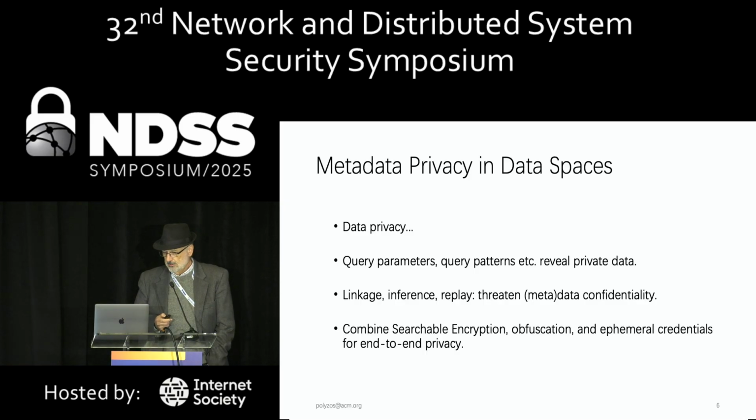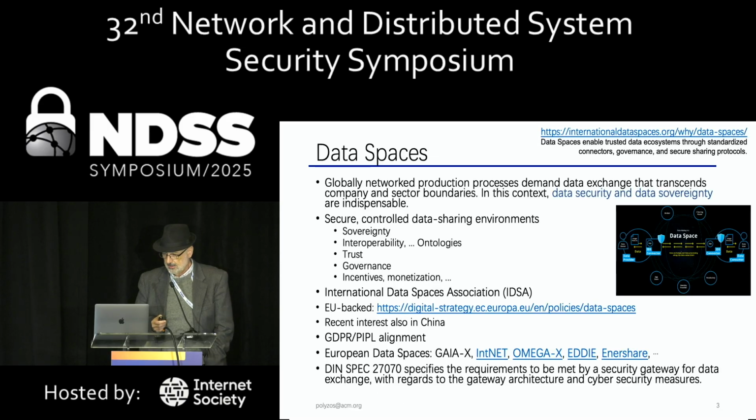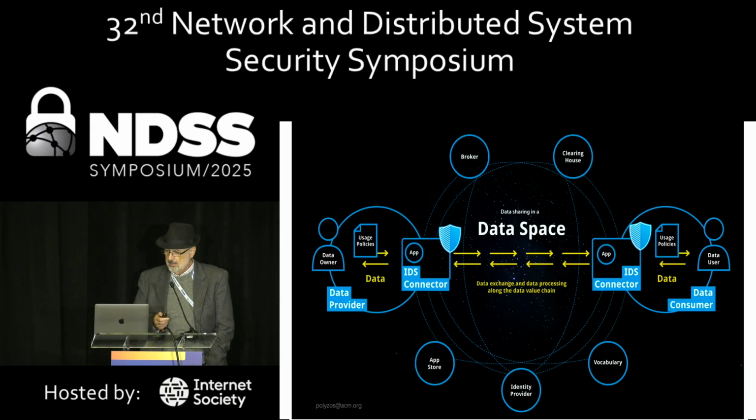Okay, so I skipped the International Data Space Association slide. It's not important, but this is a standard from the International Data Space Association, IDS or IDSA. And it shows schematically what data spaces are about. So there are data owners, data users.